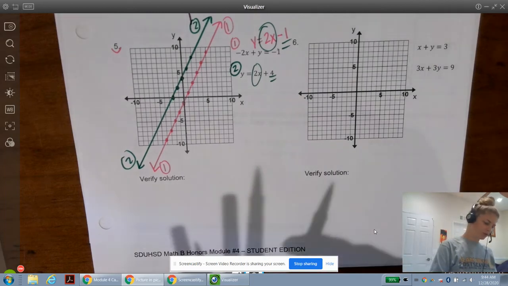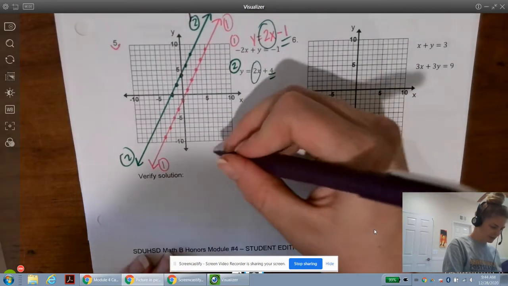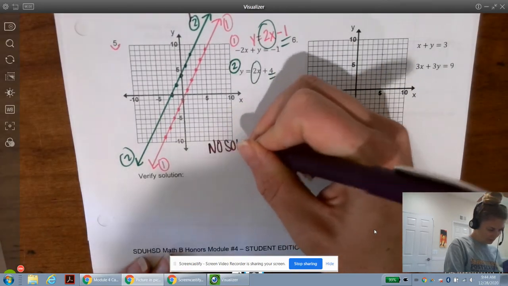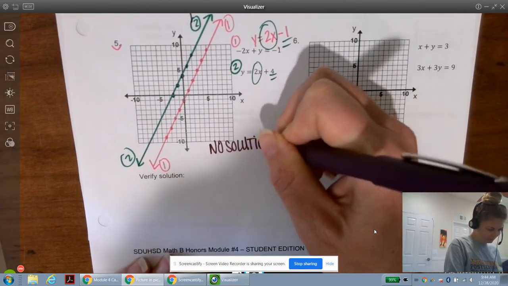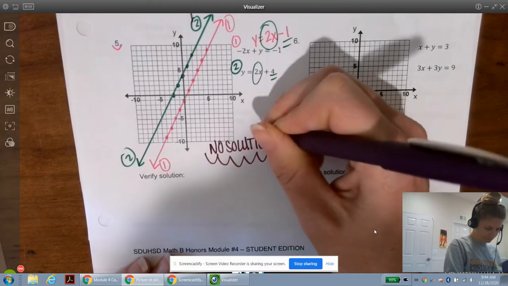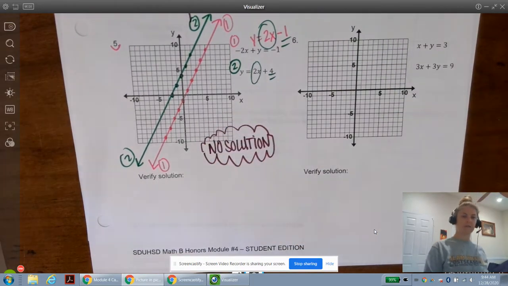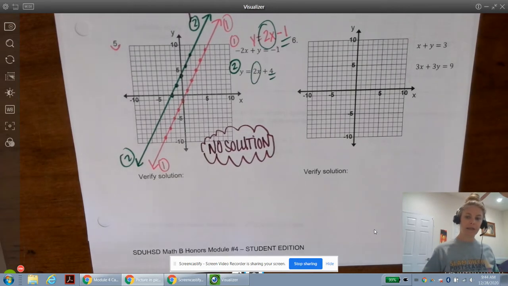Okay, so the last thing we need to do in step 5 is to verify, but notice we have no solution, so we still need to write that down. So this is no solution. And to verify, we're not actually going to substitute in, we're just going to write reasoning.